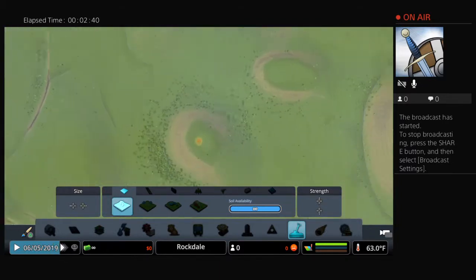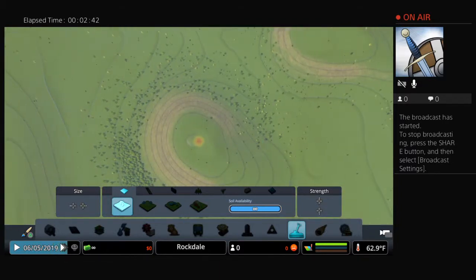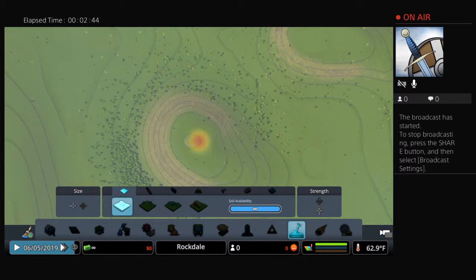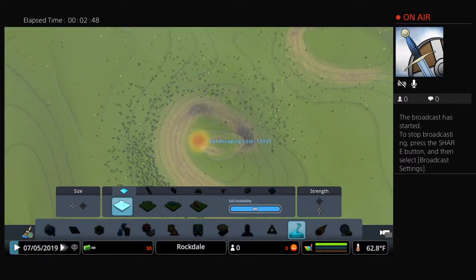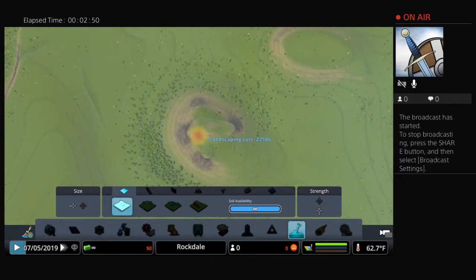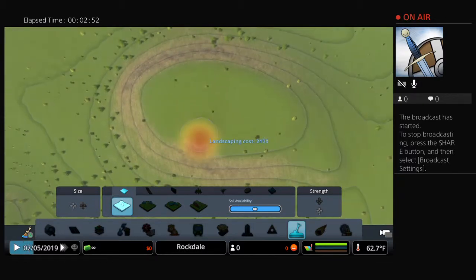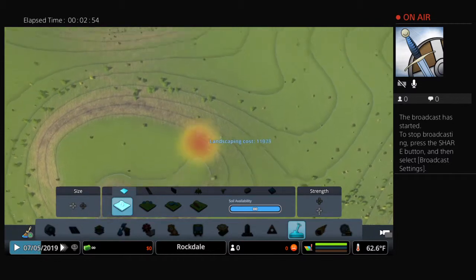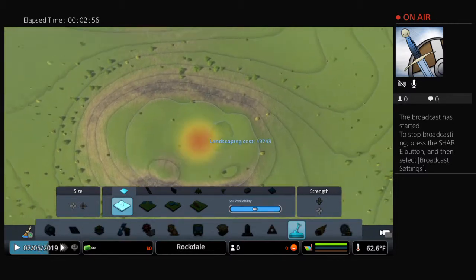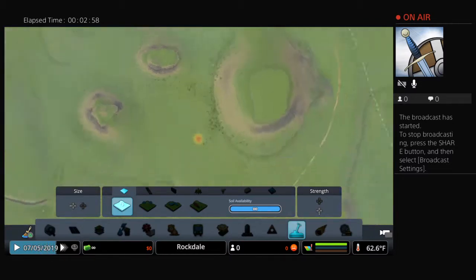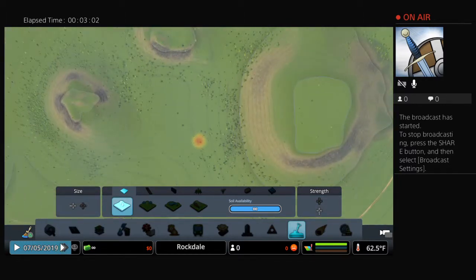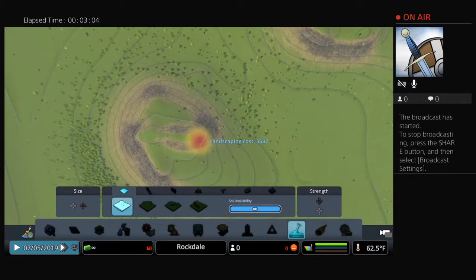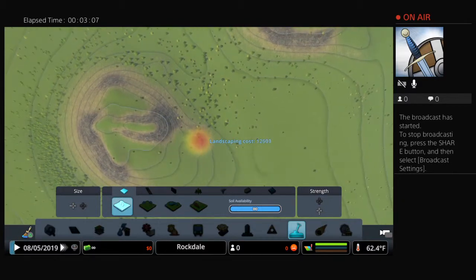This might be a better way to do it. So right now I'm doing a terrainscape, so that means I'm making the hill higher. And in the process, I'm going to start bringing these lines over here.